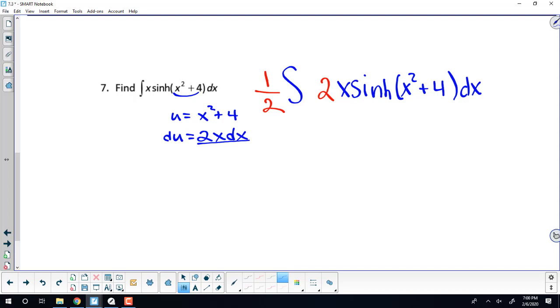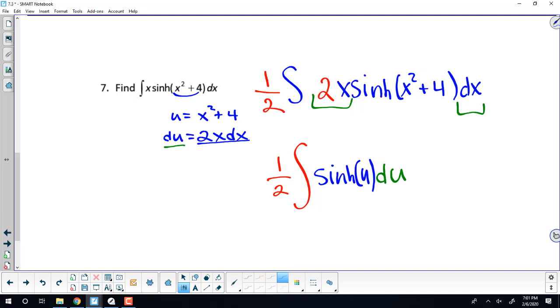So we still have this 1/2 out here times the integral. This 2x dx is now this du. All of that is our du, but we still have the hyperbolic sine of u here.